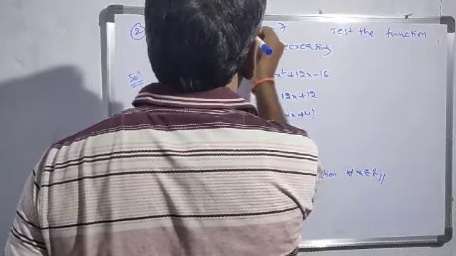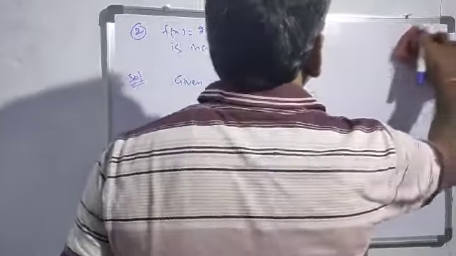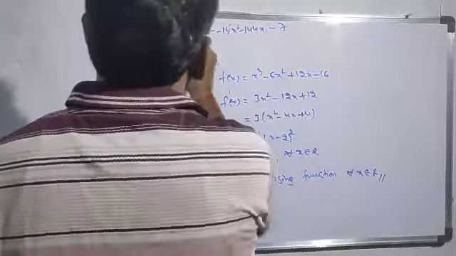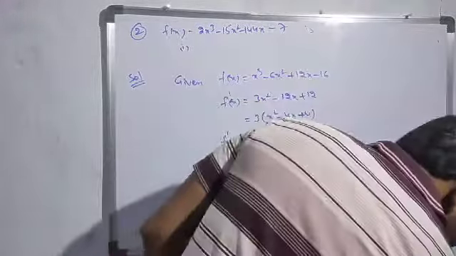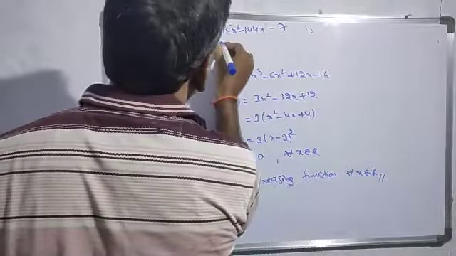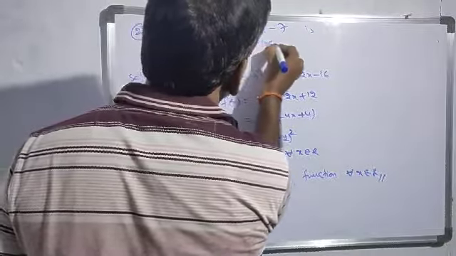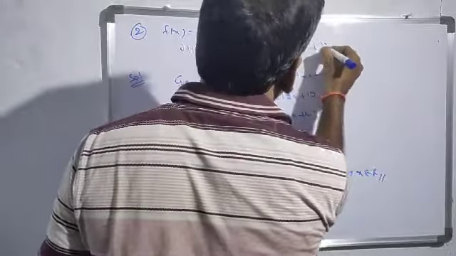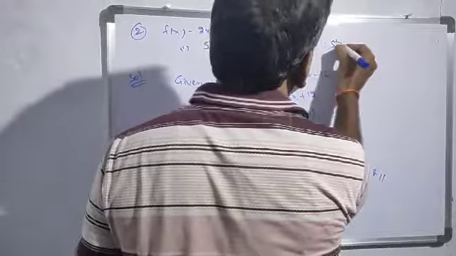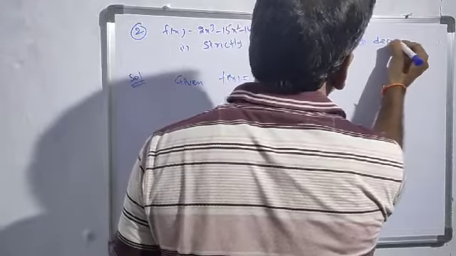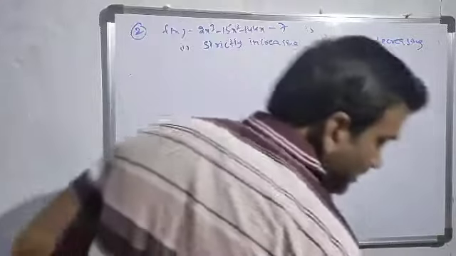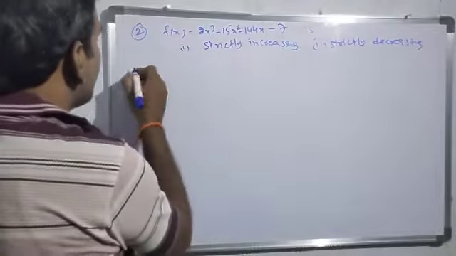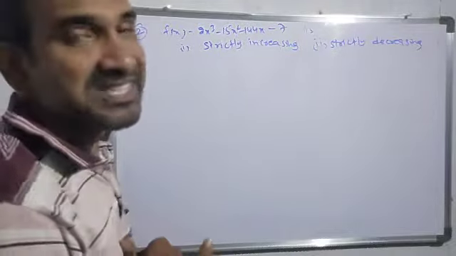Here we have to find the x values where the function is strictly increasing, and second, we have to find where the x values are strictly decreasing. That is, we have to find the intervals where it is strictly increasing and where it is strictly decreasing.